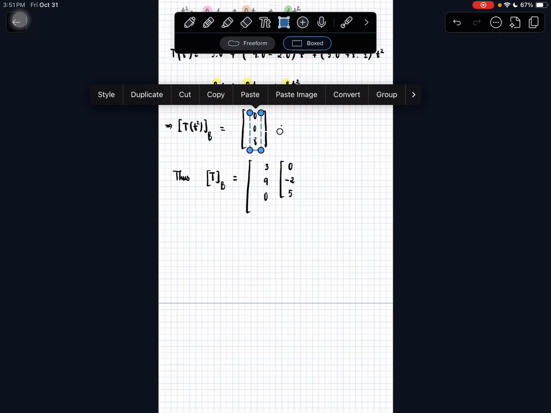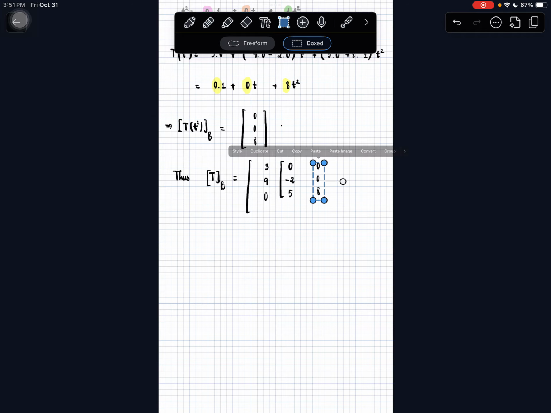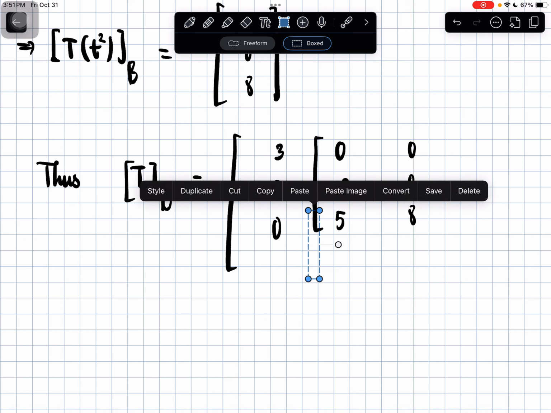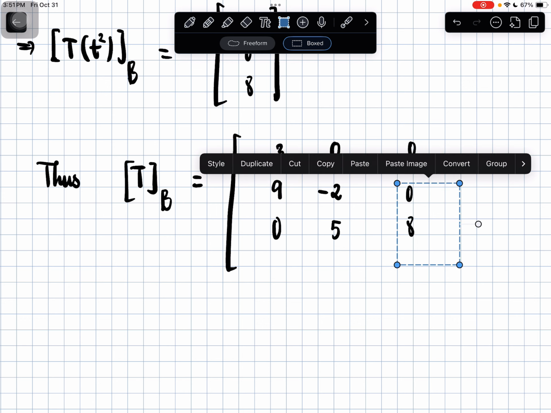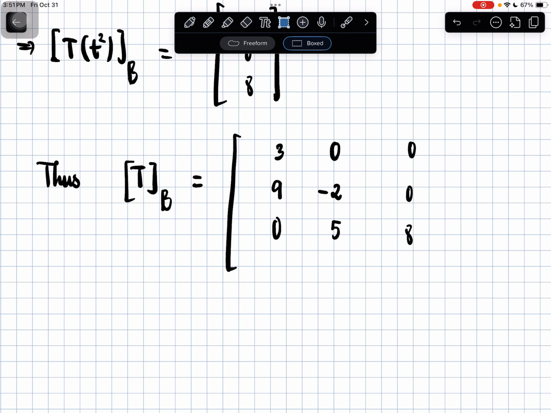And the last column is 0, 0, 8. You do the same for any other question. This is the answer.